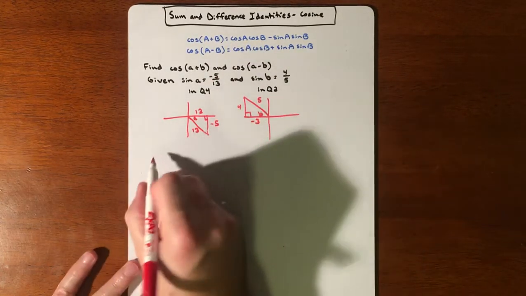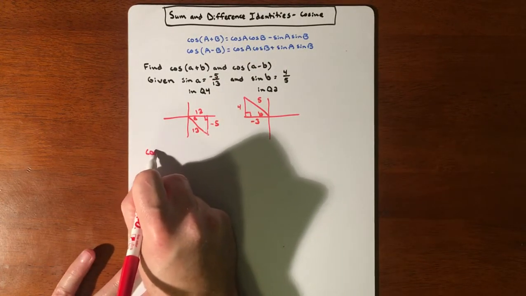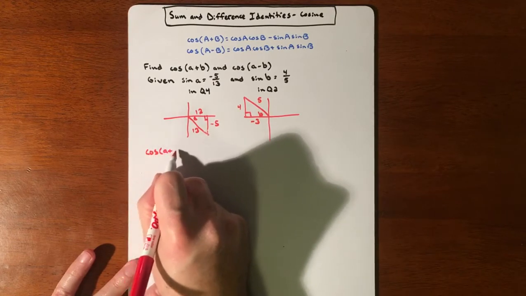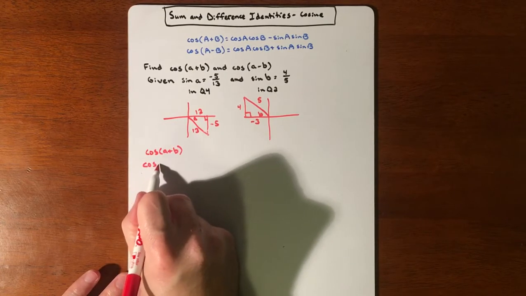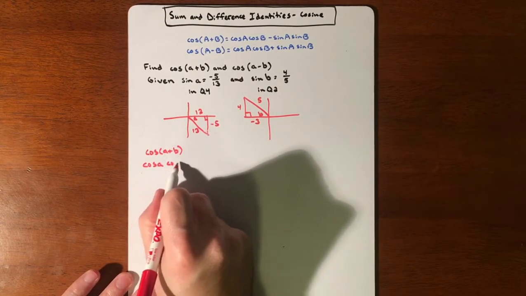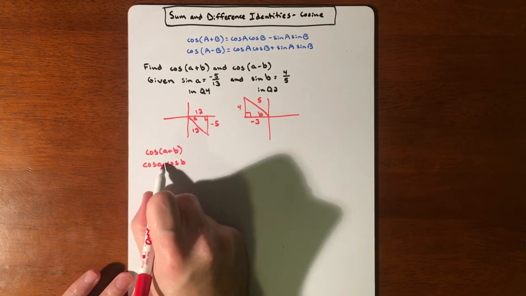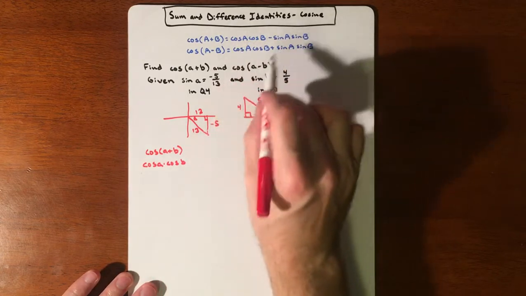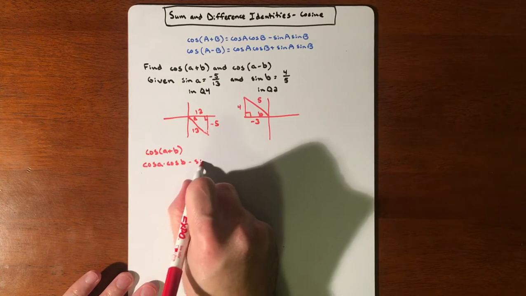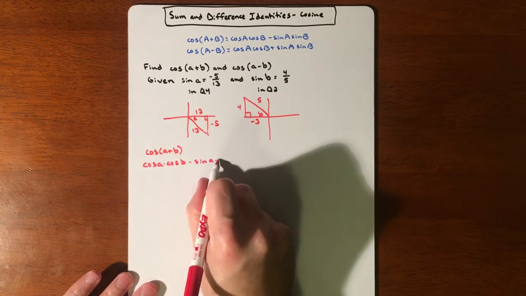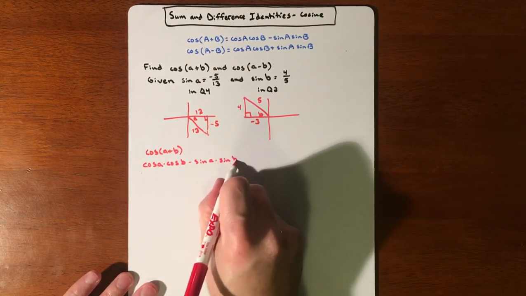So first one is we're going to do cosine of A plus B. Cosine of A plus B is cosine of A times cosine of B. Which one are we doing? Plus, so minus sine of A times sine of B.